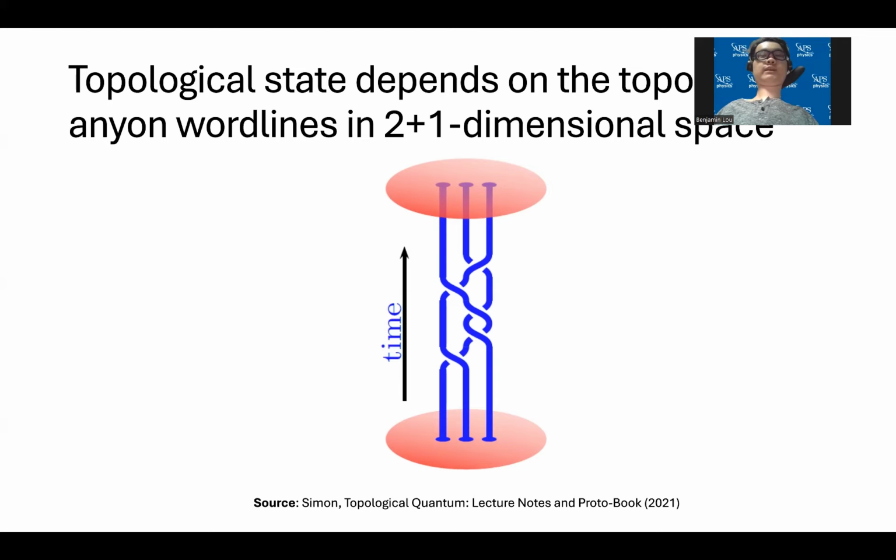And basically, the change in the topological state is going to depend on the topology of this braid. And why do we like the topological Hilbert space for quantum computation? It's because these actions of braiding are naturally fault tolerant.